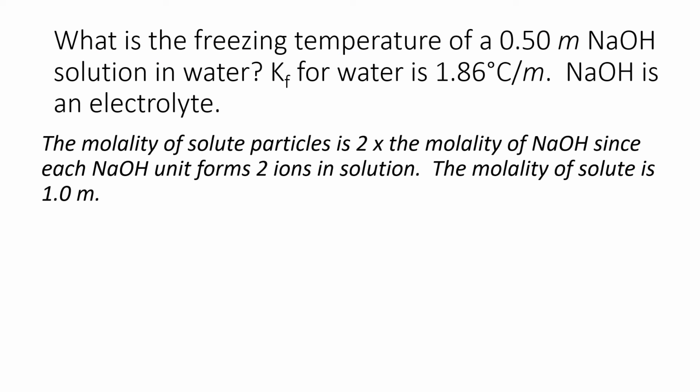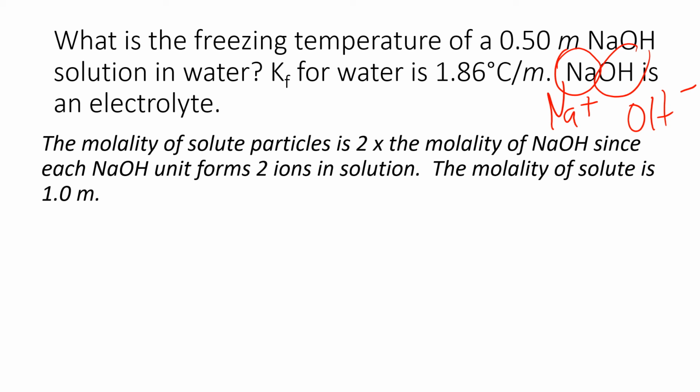All right, what is the freezing point of a 0.5 mol NaOH solution in water? Kf is 1.86 degrees Celsius over M. NaOH is an electrolyte. So remember sodium, then OH. So that is two different things. So it's going to be two different ions, Na plus and OH minus.